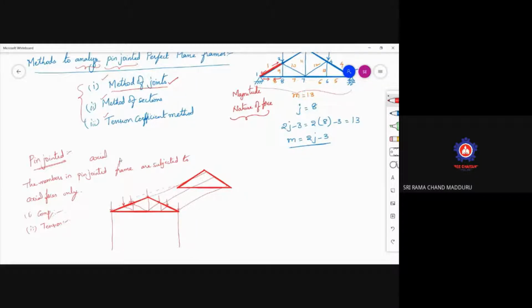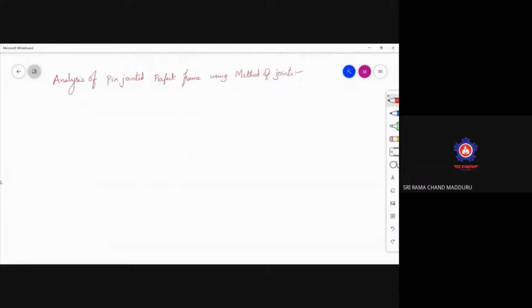One such method is the method of joints. So all of you please keep a heading, method of joints. We will first understand what procedure is followed in this method of joints to analyze any pin jointed perfect frame.